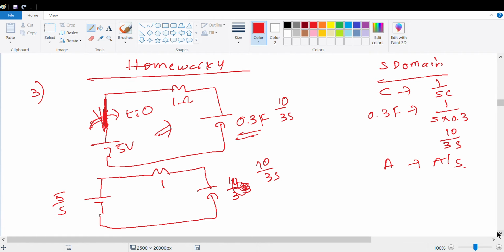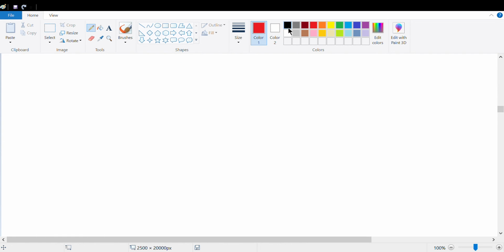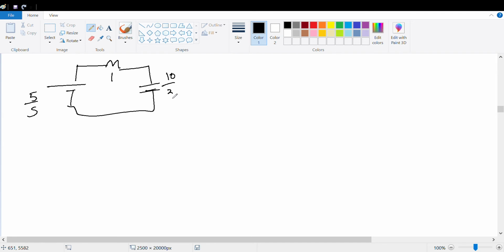So now, 5 by S, the resistor 1, and the capacitor 10 by 3S. Now we need the voltage across the capacitor.